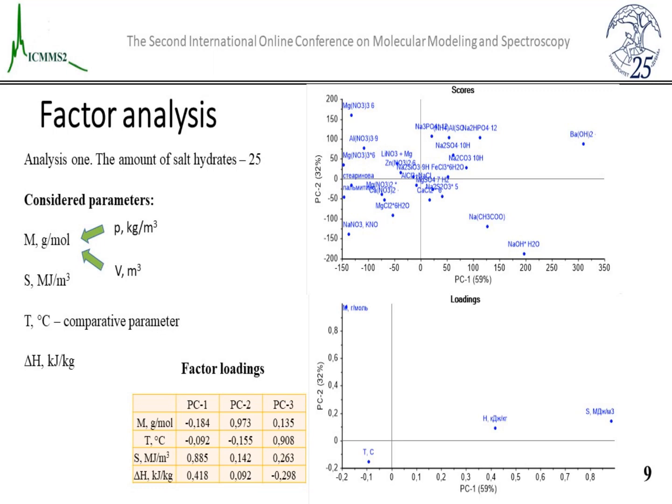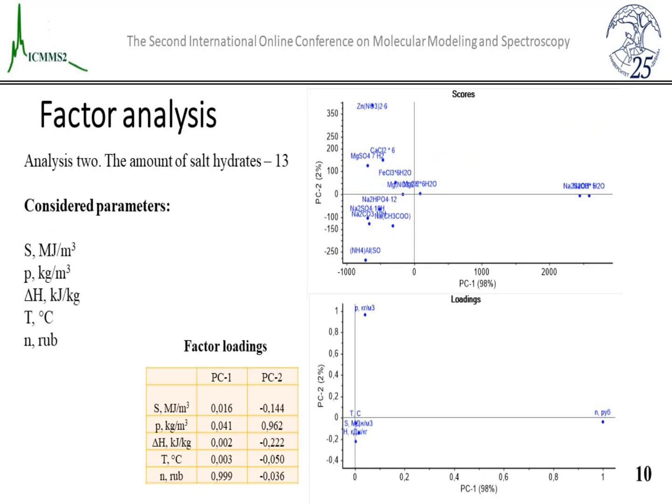The table shows that factors 1 and 2 have high factor loadings for the variables molecular weight and density of heat accumulation. The analysis of all parameters of salt hydrates required a decrease in the number of quality criteria. Therefore, the analysis was carried out in order to identify the factor loading correlation between the current and previous analysis.